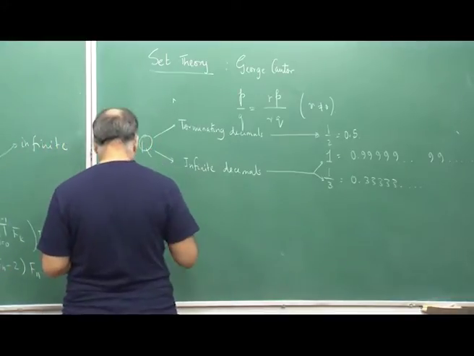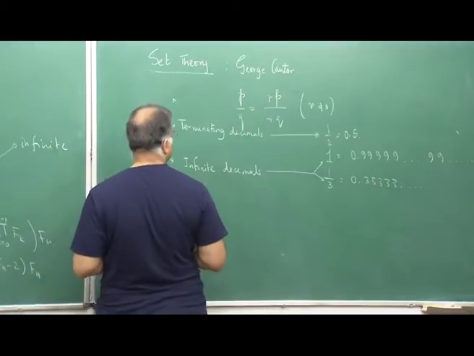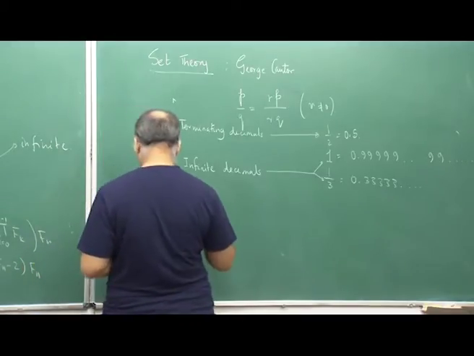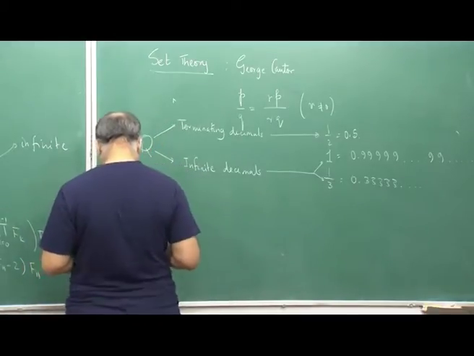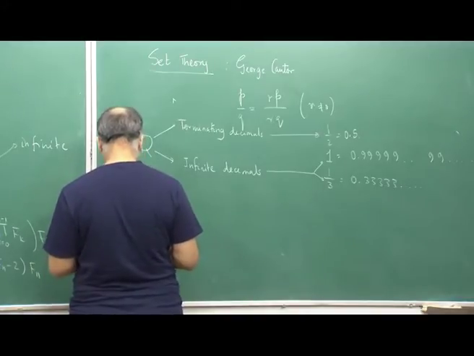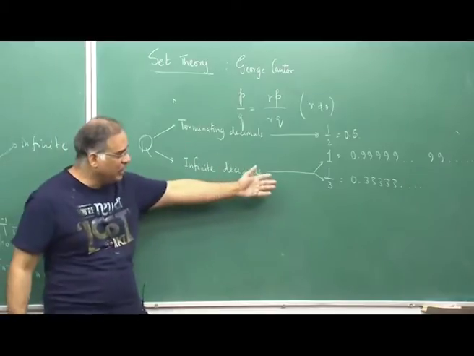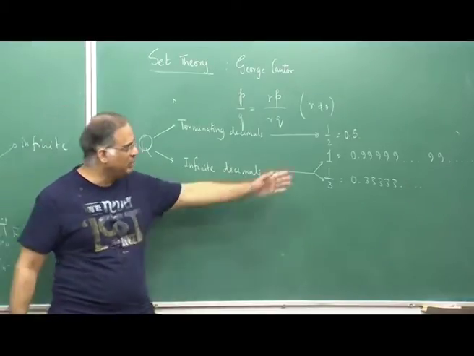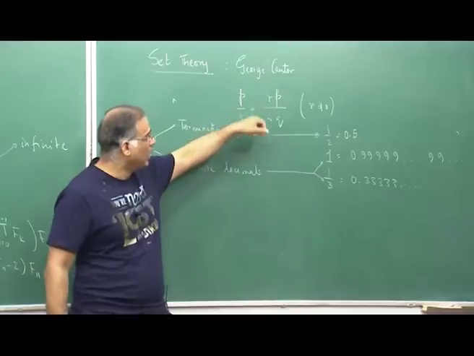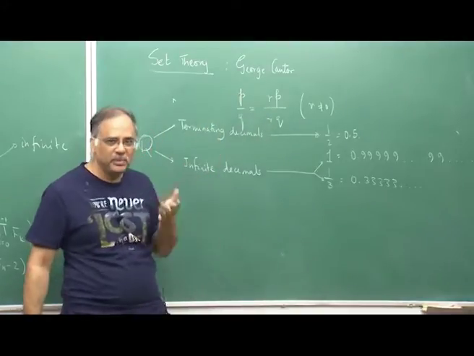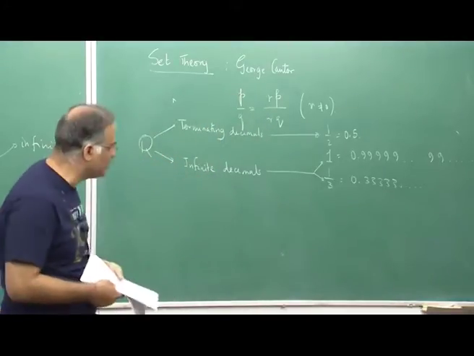Now, take this nice explanation given by Niven. Of course, you would like to have a terminating decimal rather than a non-terminating decimal, since a terminating decimal looks much nicer. So, you ask the question: when would P by Q give me a terminating decimal?